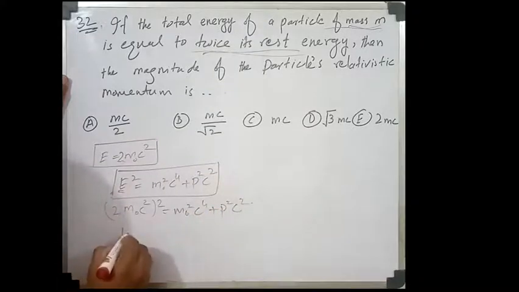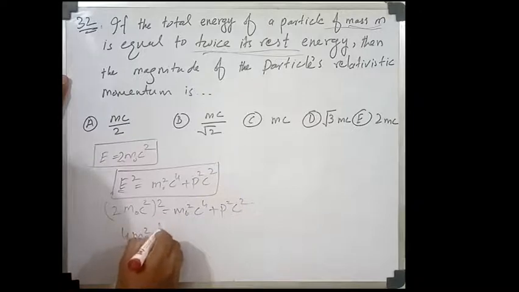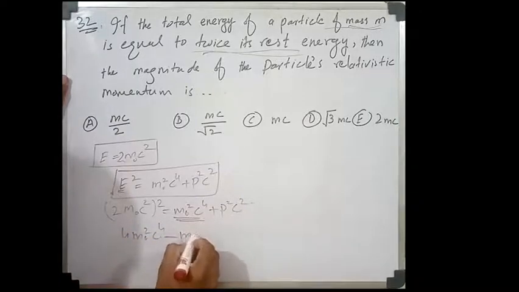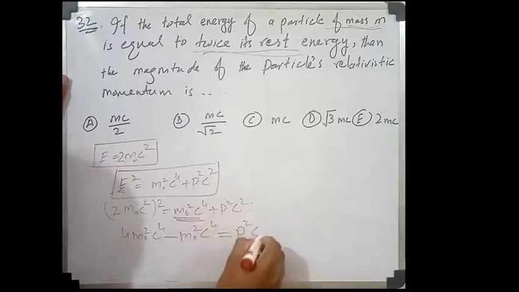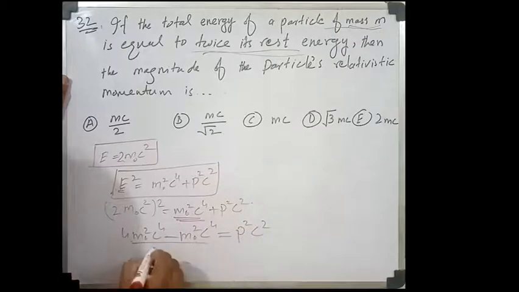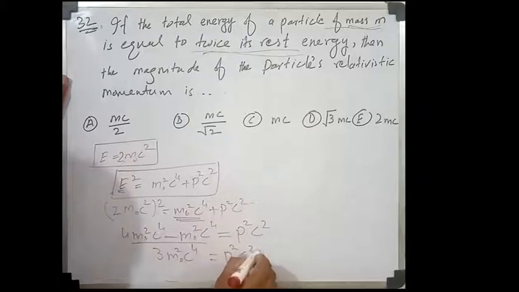This will become 4 m naught square c power 4. Transfer this term to this side, it will become 4 m naught square c power 4 minus m naught square c power 4, equal to p square c square. This will become 3 m naught square c power 4 equal to p square c square.